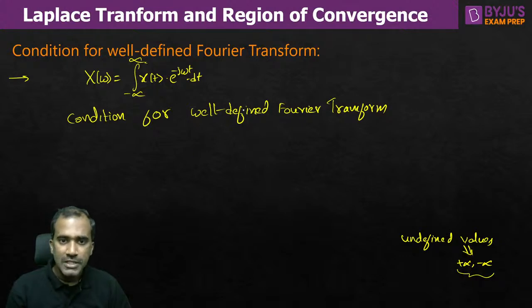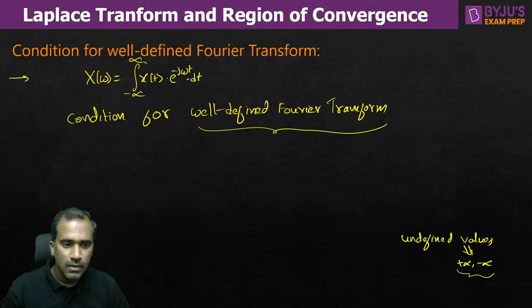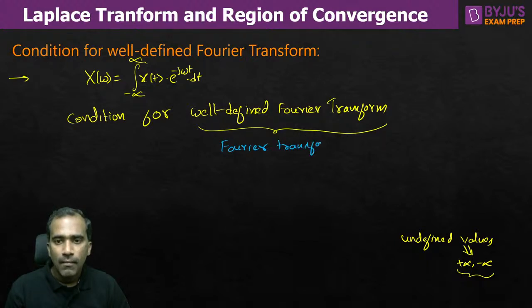Okay, so the condition for a well-defined Fourier transform. A well-defined Fourier transform means the Fourier transform x of omega takes only finite values. Finite means anything other than plus or minus infinity.